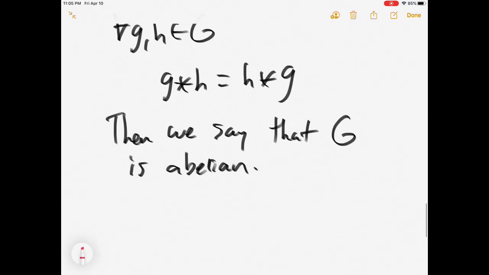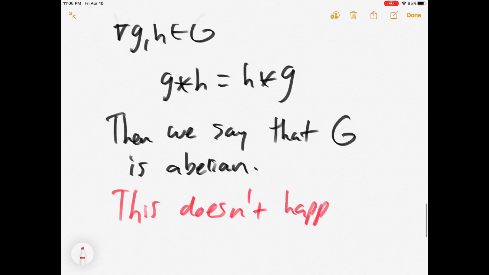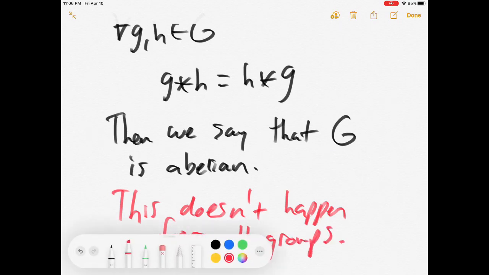But again, this doesn't happen in general, and we'll see some examples of groups where this property fails.